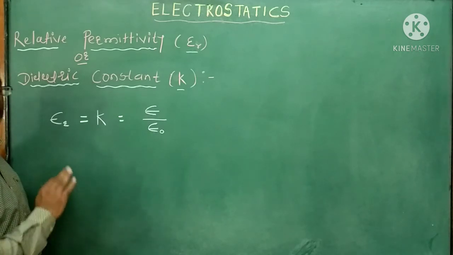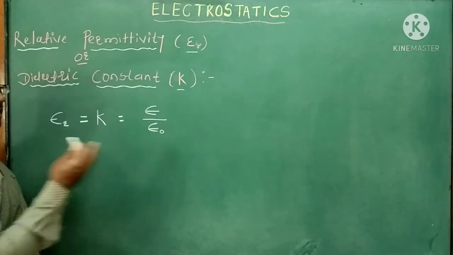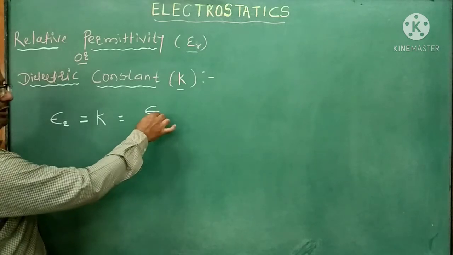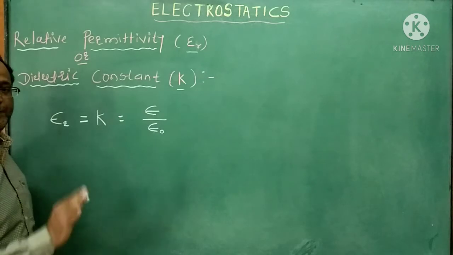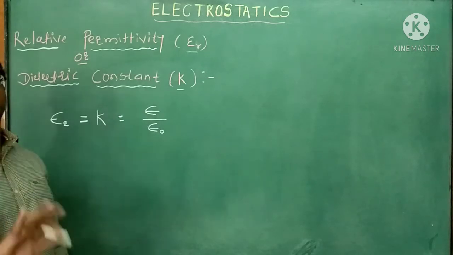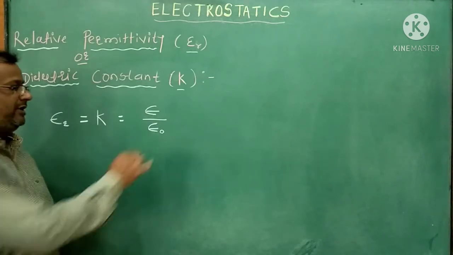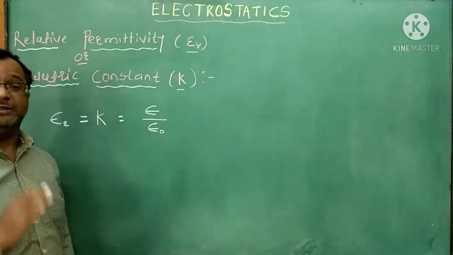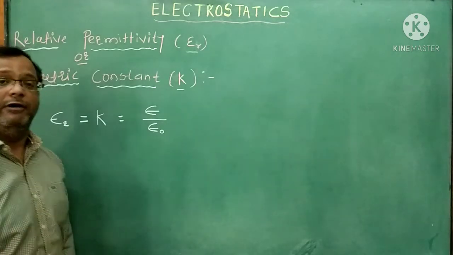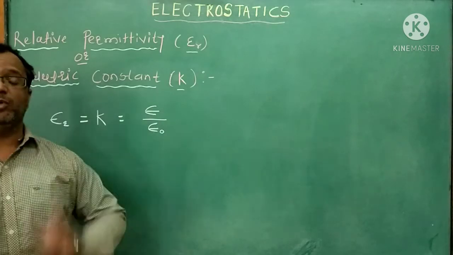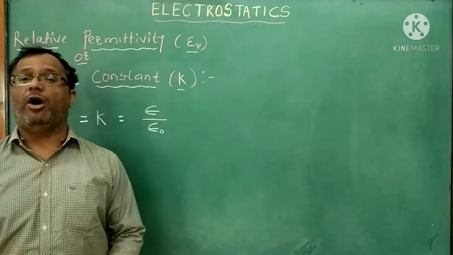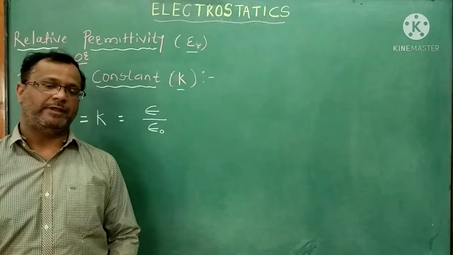Now, again, we want to see about epsilon and epsilon 0. The symbol epsilon is nothing but the permittivity, and epsilon 0 is nothing but the permittivity of free space. But first, we want to see the meaning of permittivity.